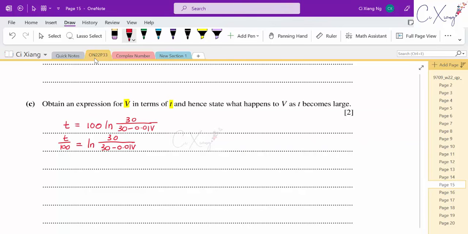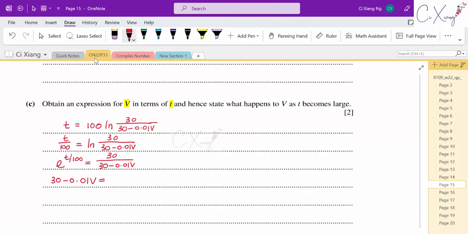Second step, you bring the ln over. When you want to bring the ln over, it is actually the log base e. So my left hand side, I'm having e power t over 100 equals to 30 divided by 30 minus 0.01V. Next step, I want to bring the V up so that I can rephrase it into the equation with V equals to something something t later.